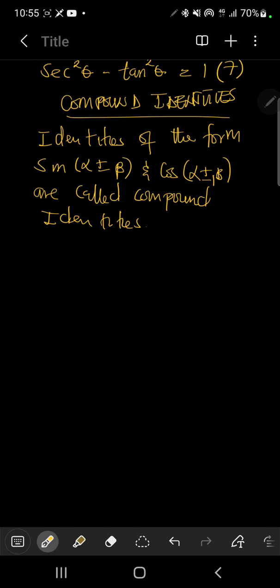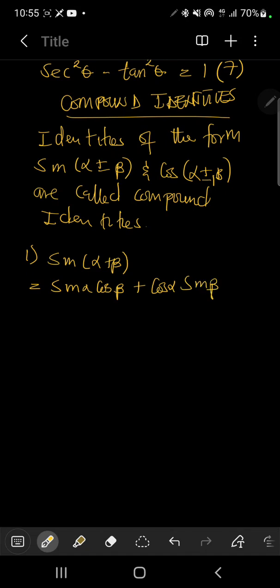So, the first compound identity that I want us to commit to memory is this one, which is sine alpha plus beta, and this one is equal to sine of alpha cos of beta plus, the positive sign maintains, but you just reverse the order, so it becomes cos of alpha sine of beta.